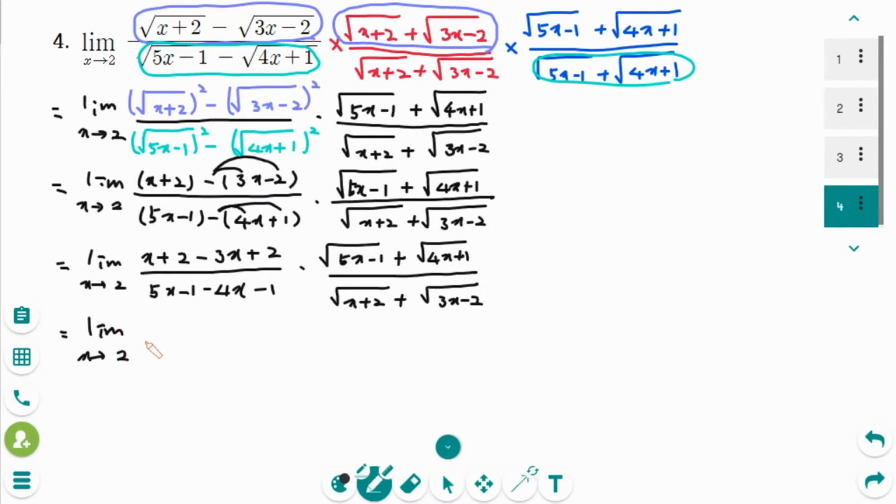Then simplify. The first fraction becomes x minus 3x is minus 2x plus 2 plus 2 plus 4 over 5x minus 4x, x minus 1 and minus 1 minus 2, and we keep the second fraction.